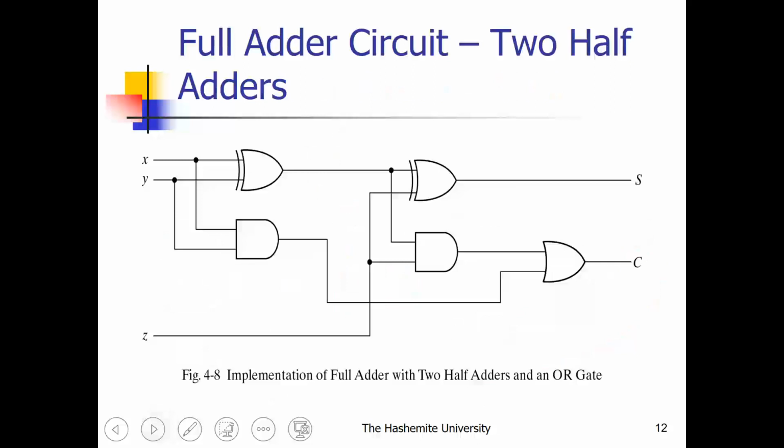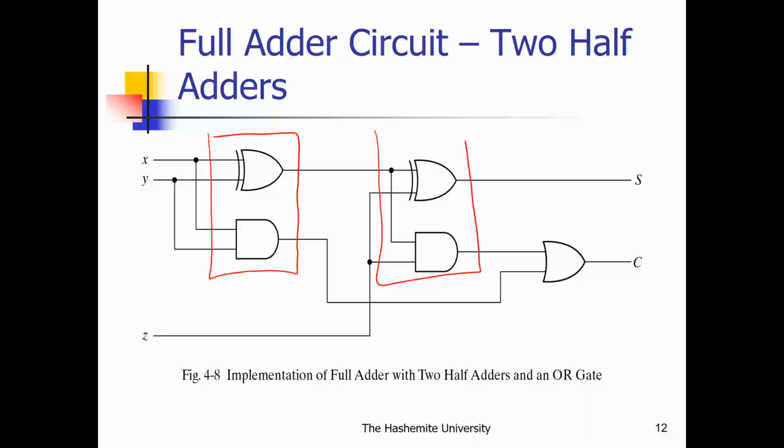Now, one thing we can do here is design a full adder using half adders. So this here is a half adder, and this here is also a half adder.